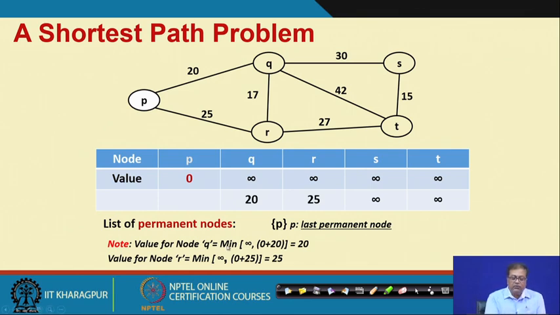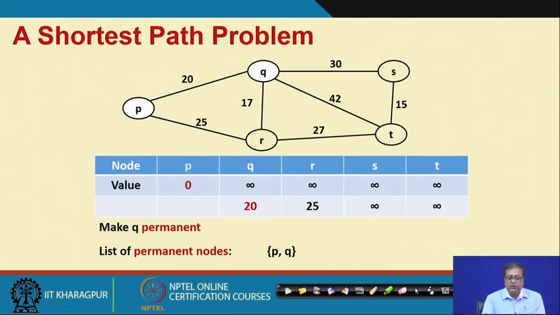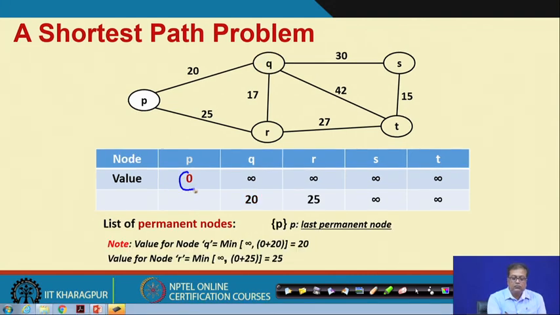So the value for node Q will be the minimum of the current value plus the last permanent node value, which is 0, and this same 0 is here, plus the distance from P to Q, which is 20. So the minimum of infinity and 20 becomes 20, and that 20 is written here.